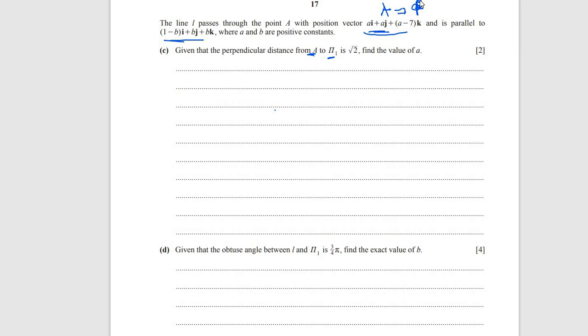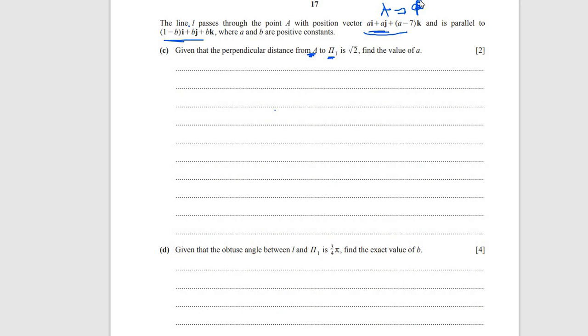They said this question is about the shortest distance between a line and a plane. We have a line, and they gave us the perpendicular distance between point A and plane 1.